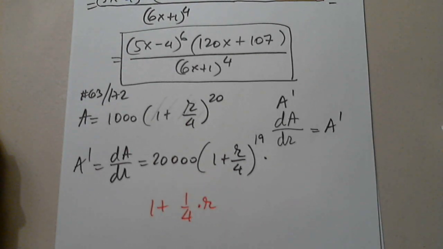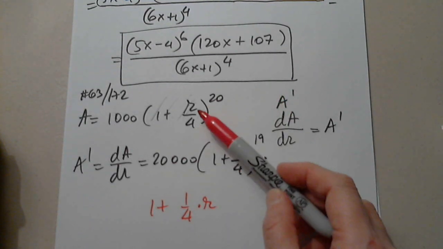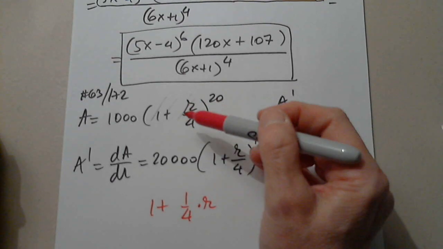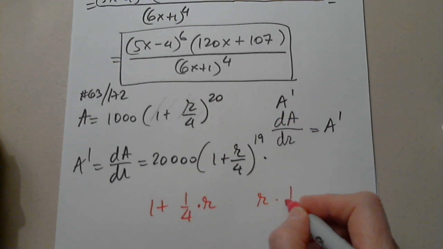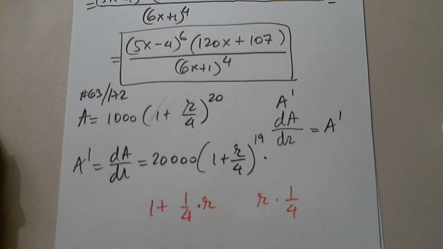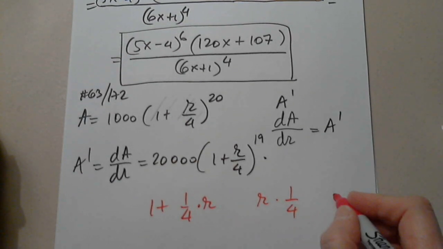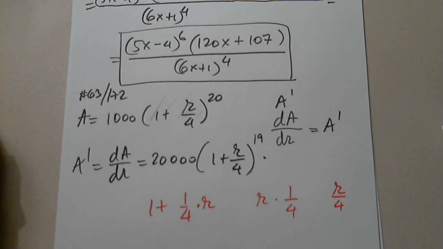We talked about this and decomposing with your own eyes or in your own mind. So when I see R over 4, I see 1 over 4, or I see R times 1 over 4, or 1 over 4 times r. They're all the same thing with r over 4.